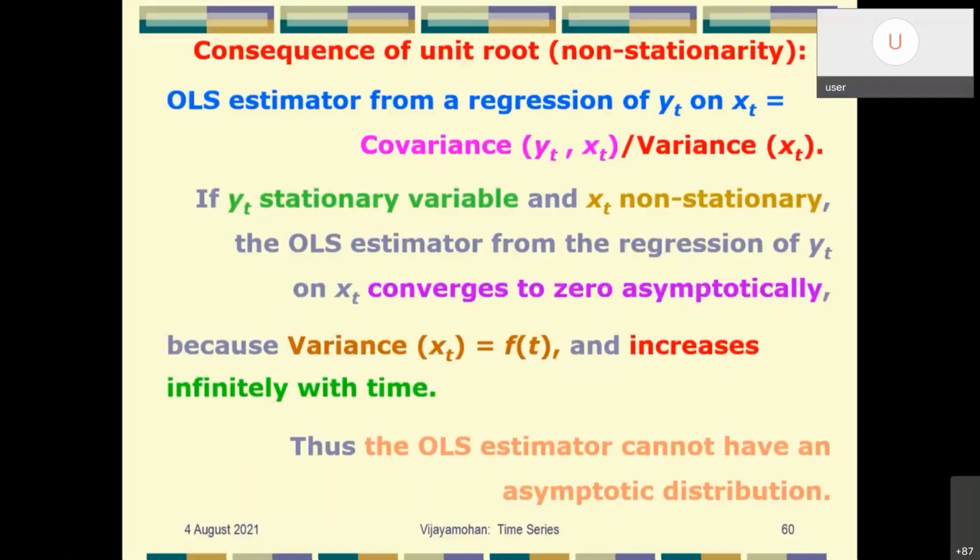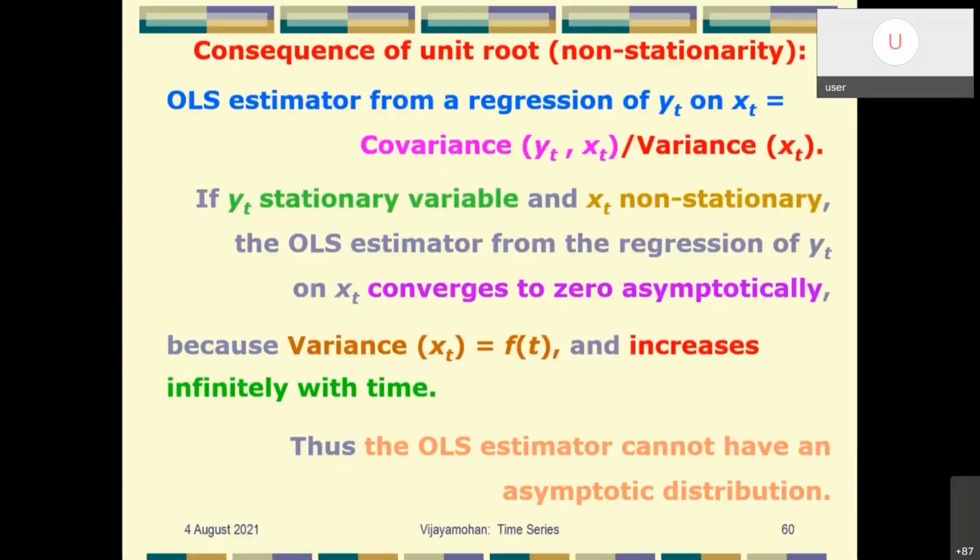Then what will happen? The OLS estimator from the regression of YT on XT will converge to 0 asymptotically, because the variance of XT is a function of T and it increases infinitely with time. We know that for a non-stationary variable, the variance is a function of time.